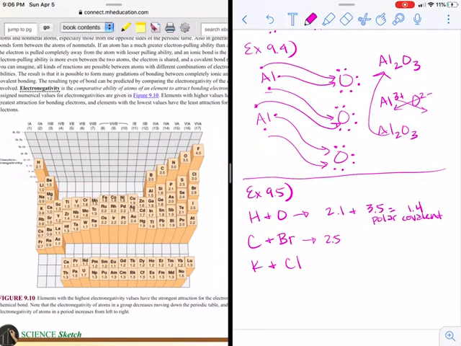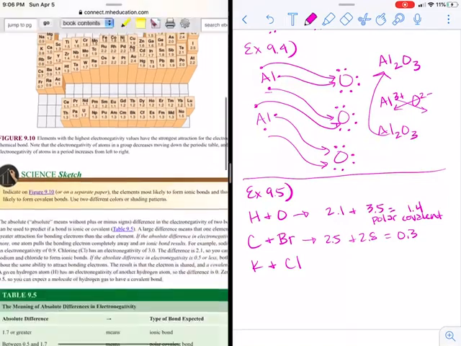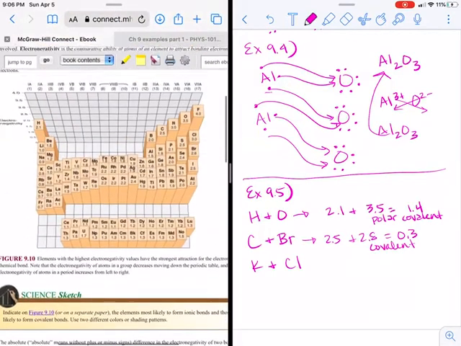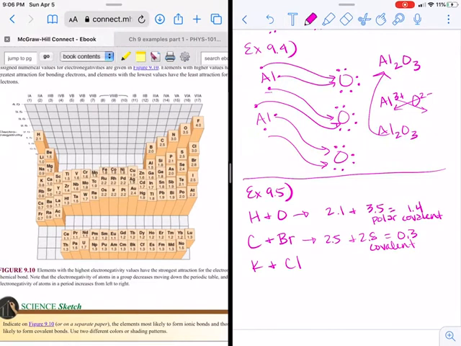Okay, go up to the next one. Let's see, we've got 2.5 and 2.8. So 0.3. Well, go on this little table here. If it's less than 0.5, then you've got a covalent bond. And then last, you've got potassium, which is 0.8, and chlorine, which is 3.0.